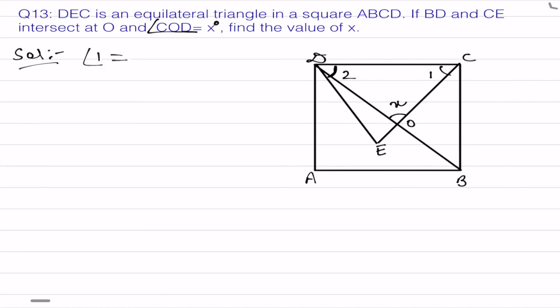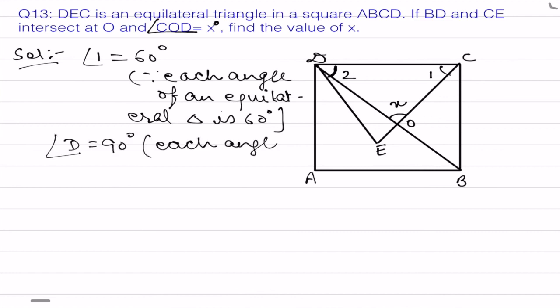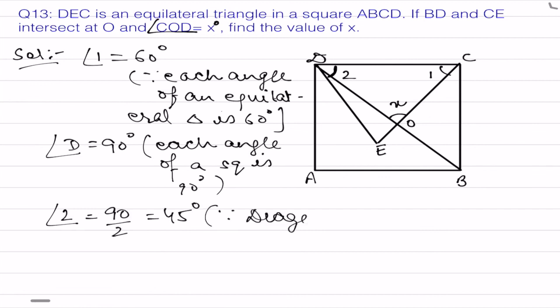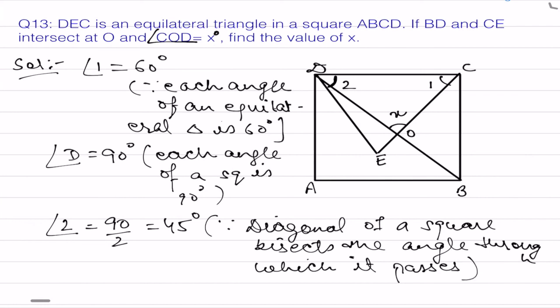Because first angle 1 is 60, because each angle of an equilateral triangle is 60 degrees and angle D is 90 because each angle of a square is 90 degrees and angle 2 is 90 divided by 2, that is 45, because the diagonal of a square bisects the angle through which it passes. That's why angle 2 is 45 degrees.